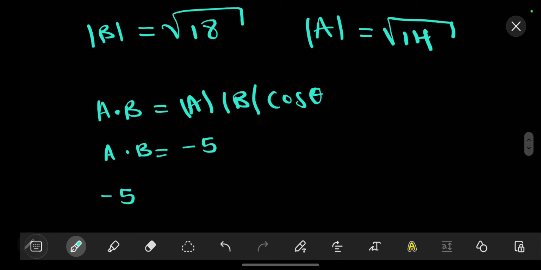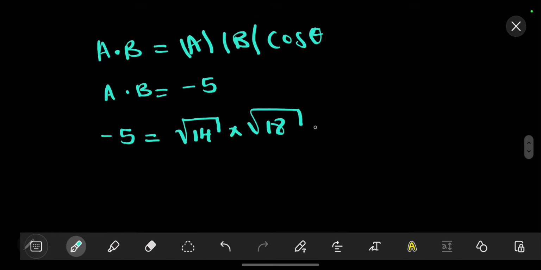So negative 5 is equal to the square root of 14 times the magnitude of b, which is the square root of 18. By properties of radicals, we can multiply if both numbers are inside, so 14 times 18 gives us the square root of 252.